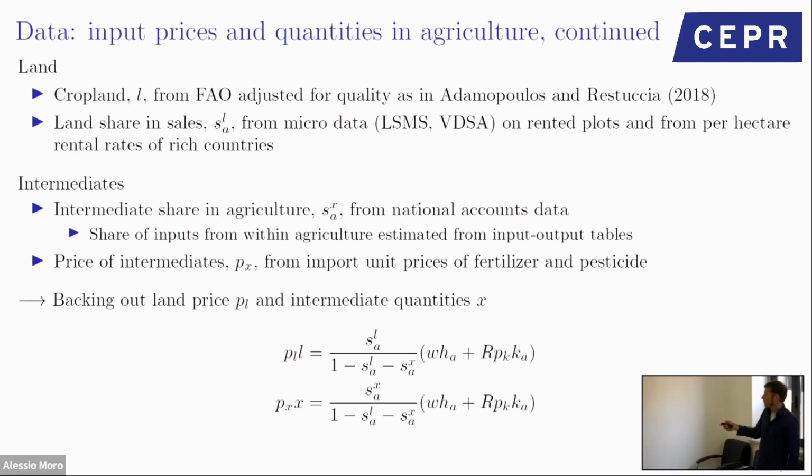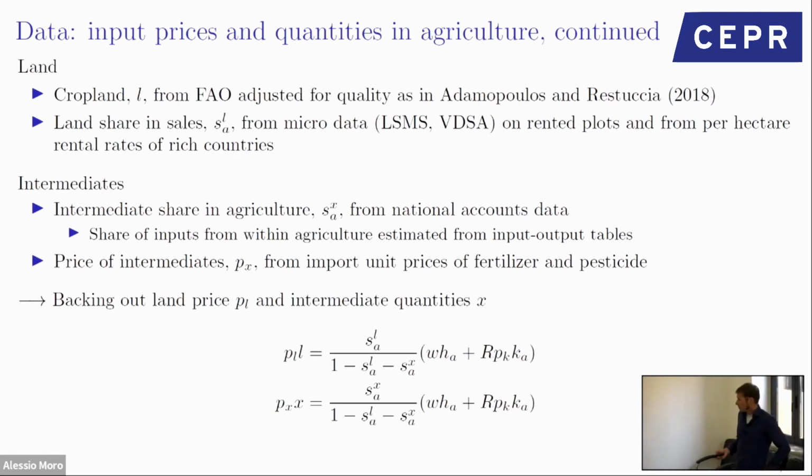For the rich countries, we have good data for the rental rate of hectares of land, and we can directly calculate the share. For the poorest countries, this is a tricky issue, and what we end up doing is going to the micro data where we observe some farmers renting plots of land, and use that to match the share in sales that those farmers have.